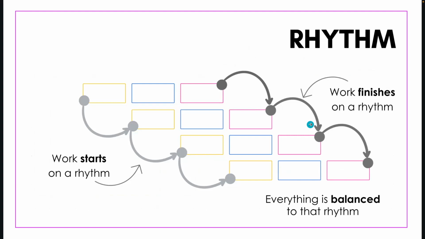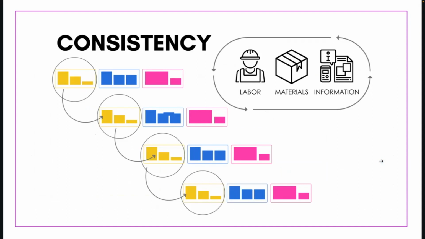The reason that the format is so effective is because it forces work to start on a rhythm. It also means that work finishes on a rhythm and that everything is balanced to that rhythm, which means that we have consistency with labor, materials, and information. If we have labor, materials, and information inside a Takt wagon, and we put those to work and apply it to a zone on a construction site, we get to make that play again and again and again, and we are consistent with that.